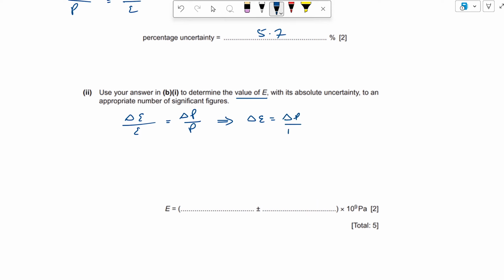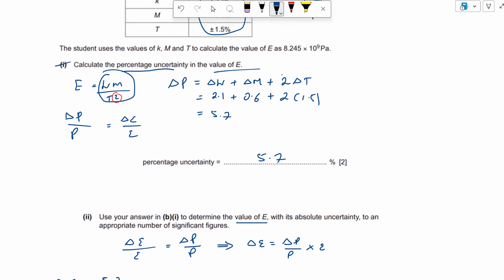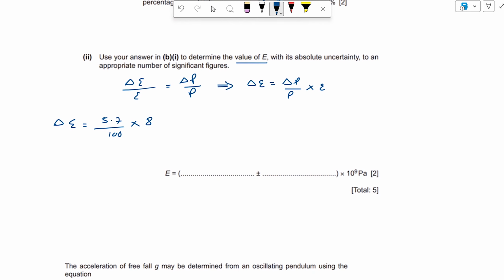We get delta P over P times E. Now, delta E is equal to 5.7 over 100 times E, which is 8.245 times 10 power 9 gives us 4.7 times 10 power 8, which can be rounded off to 5 times 10 power 8.